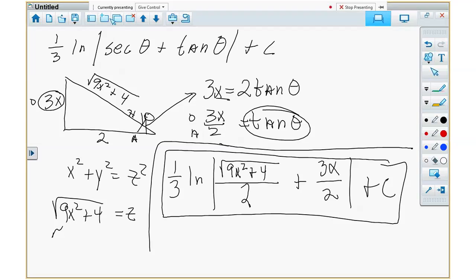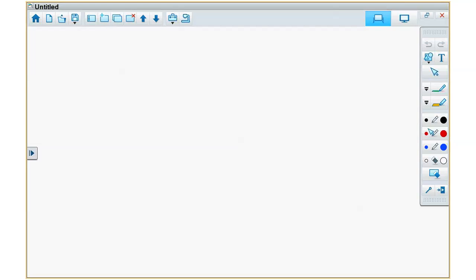All right, let's move on to something that y'all love to hear. And that's called partial what? Fractions. But I'm going to be nice to y'all and give y'all a little bit of algebra review, because I know y'all struggle with it. 3x minus 8 over x squared minus 4x minus 5.